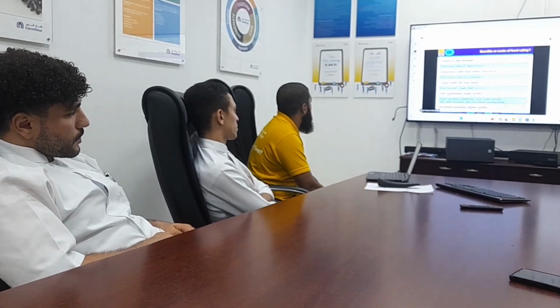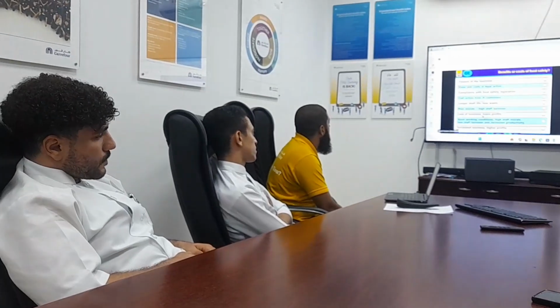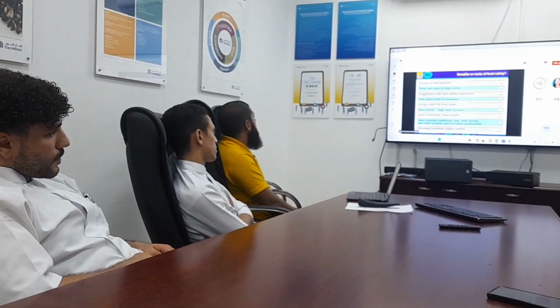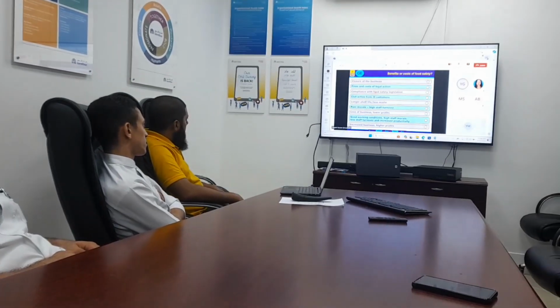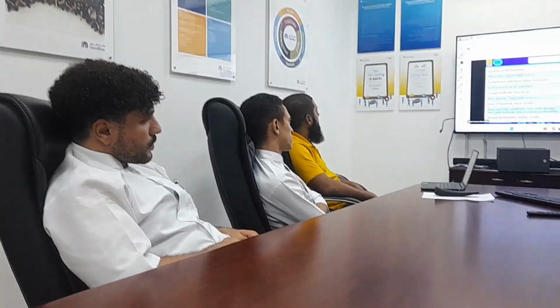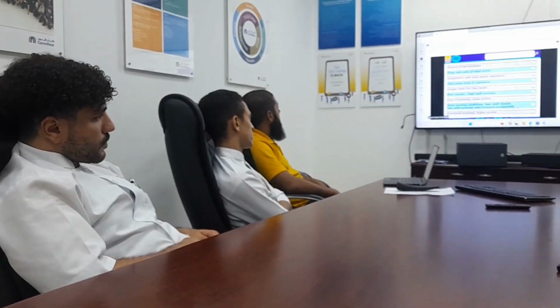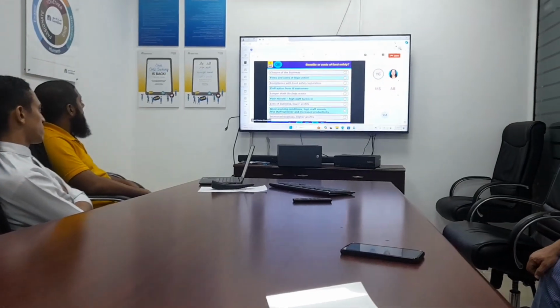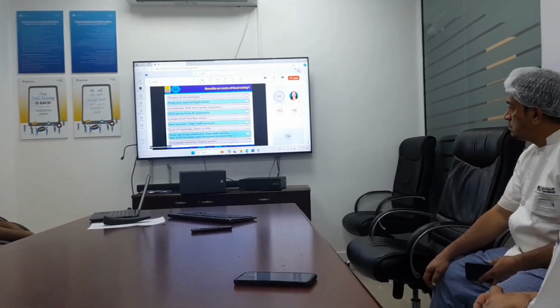Then loss of business will also happen. But if you maintain food safety, it will lead you to comply with the food safety legislation, basically that is your local law. Then it will give you better shelf life and less wastage of the food. It will help you to provide good working conditions, less staff turnover and increased productivity, and you'll get higher profit also. Please read these on the specs also.